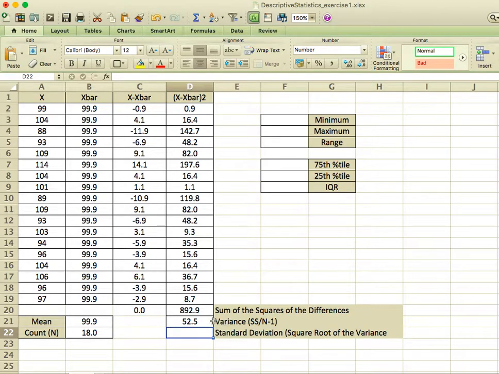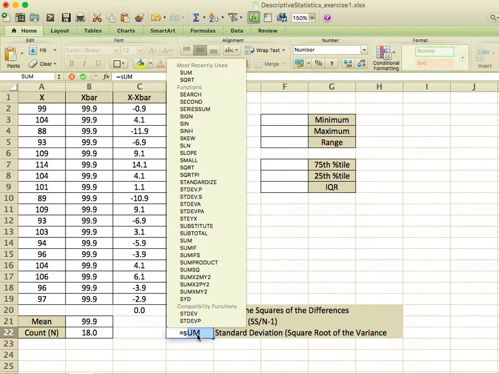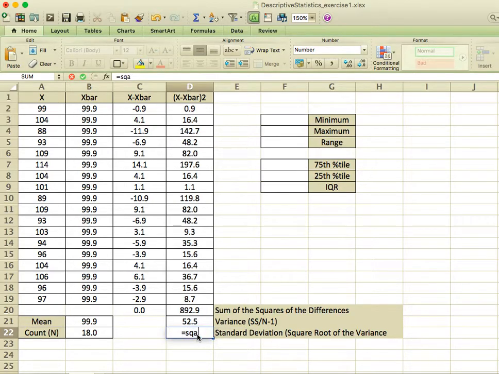Now, the other problem we have now is that relative to these differences, that's a very large number, right? And the reason why it's a very large number is because we squared all of the differences. So now let's bring that number back down into the magnitude of numbers that we started with by simply taking equals, taking the square root of it, and as you would suspect, there's a function for square root. Parentheses.